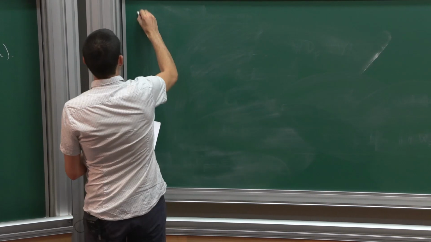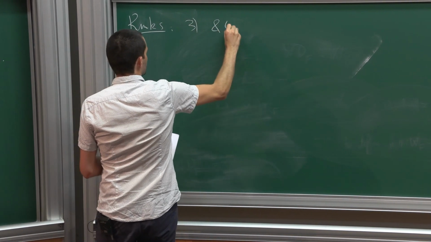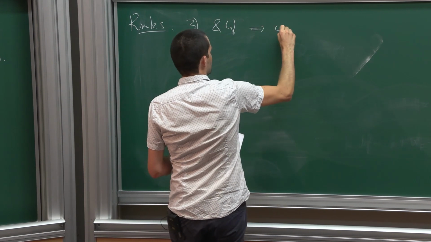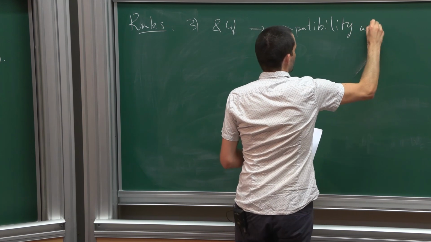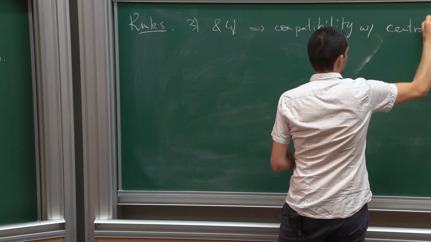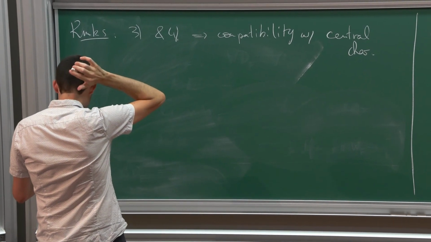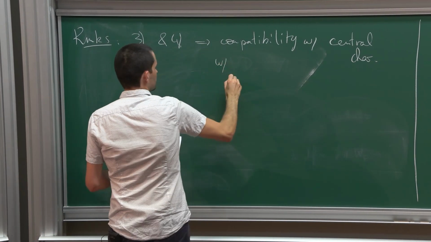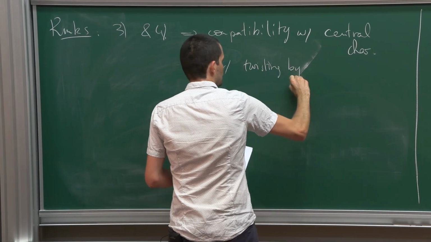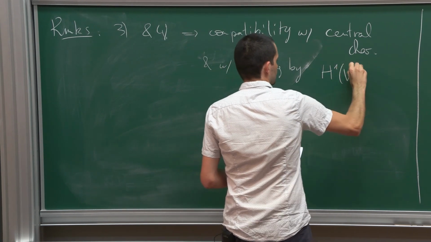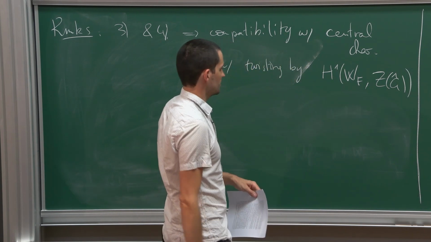Okay, so now for a few remarks. So 3 and 4 imply compatibility with central character, if we choose the right isogeny, and also with twisting by characters like this.